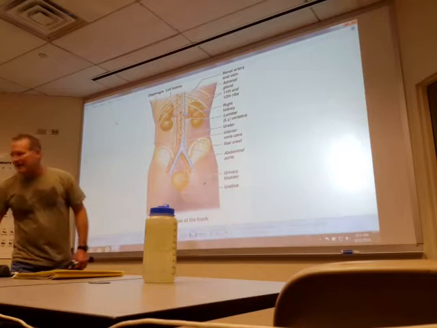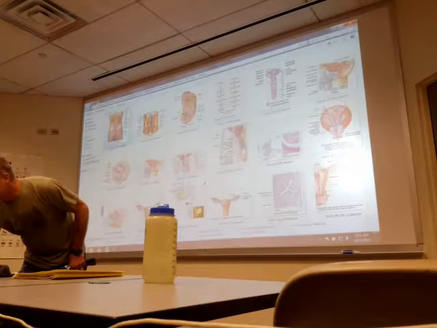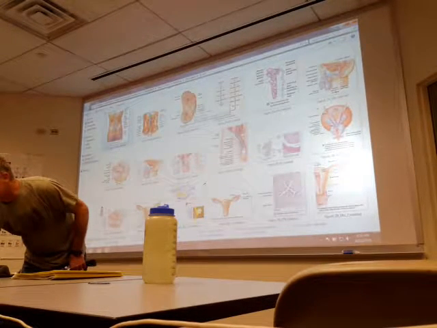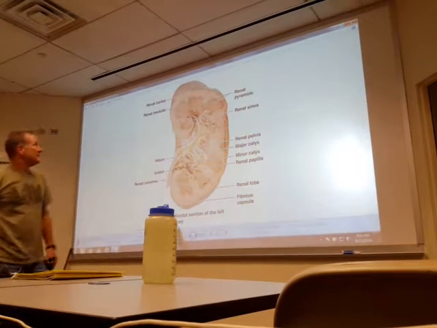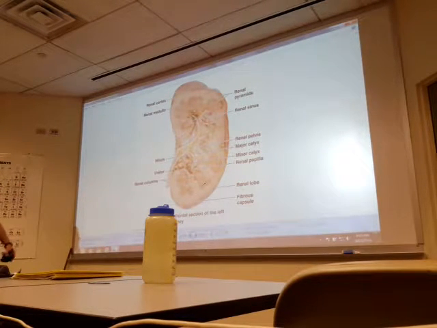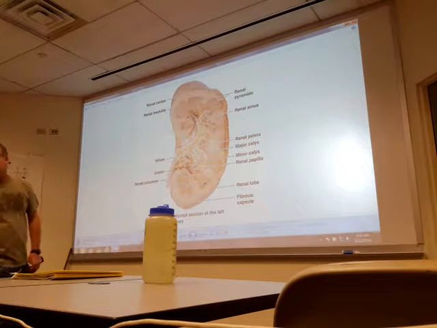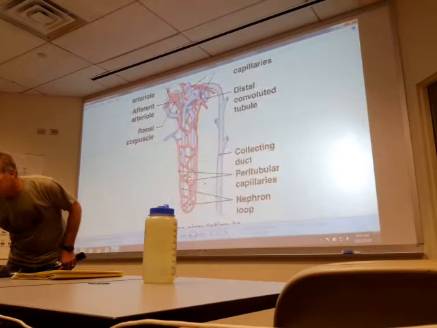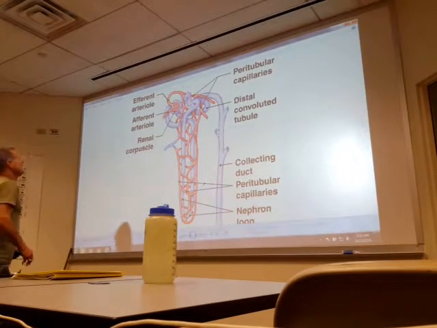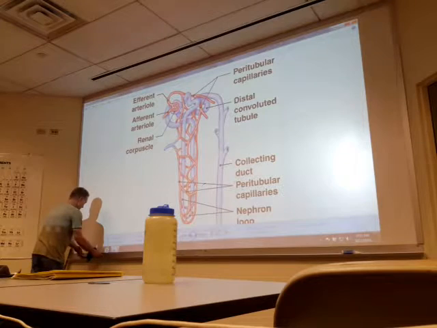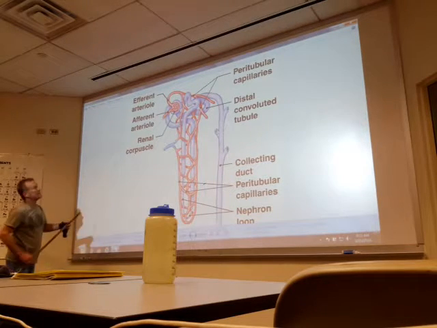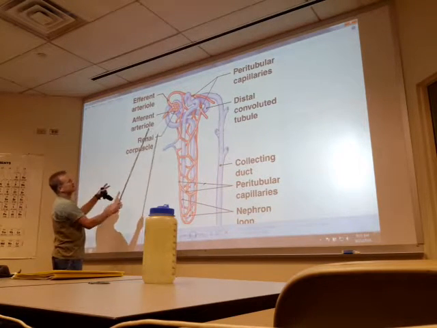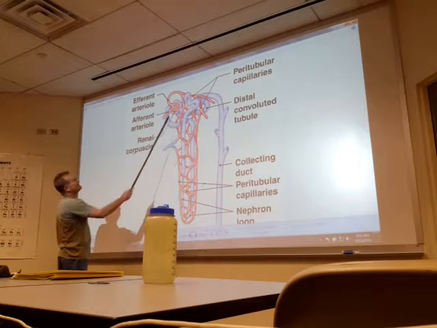If we look at a kidney, it's in here where all of those nephrons are. If we blow this up so that we can actually see a nephron, everything that's not red is the nephron.